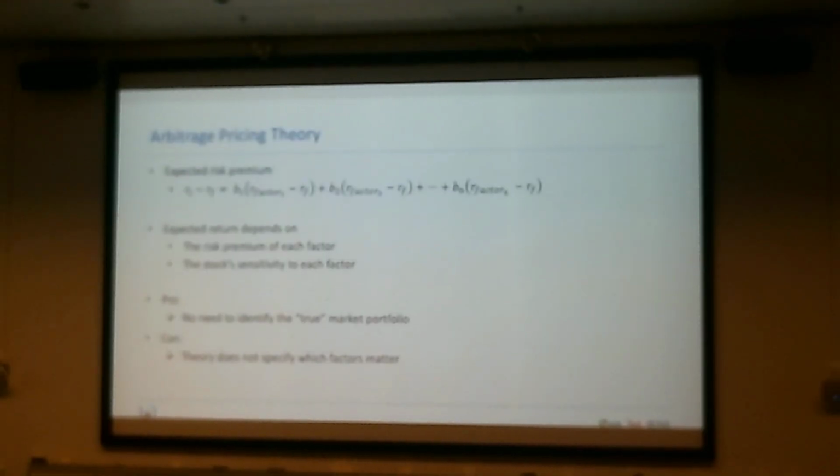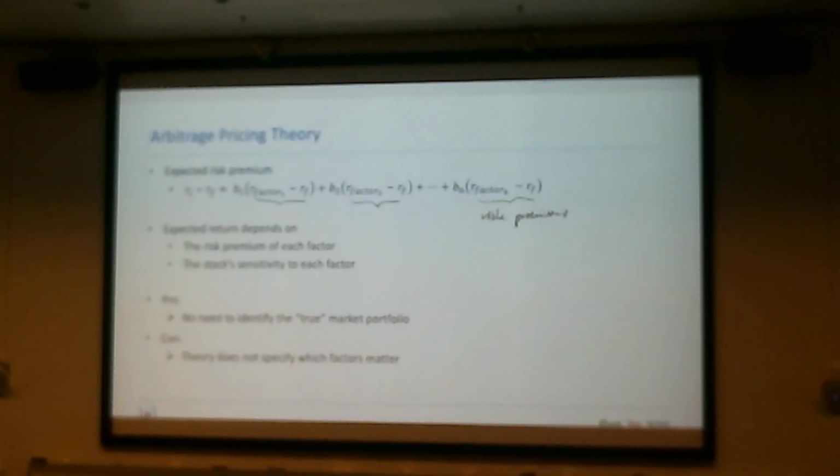All right. So again, we want to know the risk premium of a stock, so the return of a stock on top of the risk-free rate. And this then depends on the risk premiums of each factor. So here, these are the risk premiums, because each is the return of this factor portfolio, or this factor, minus the risk-free rate.